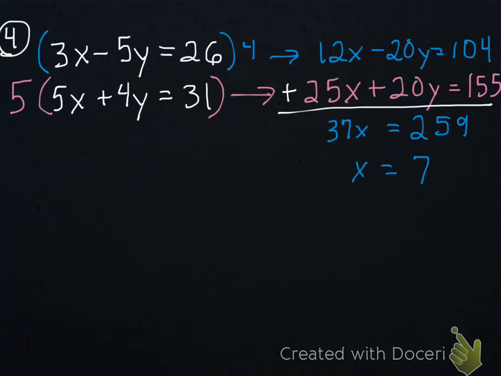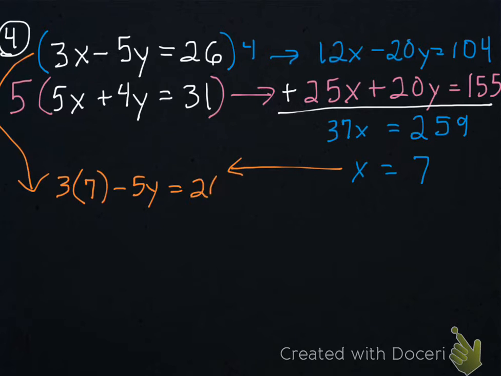Remember to plug it into an original equation. Don't just pick one at random. I'm going to use the top one. Okay, so my top equation, I would have 3 times the 7 minus 5y equals 26. 3 times 7 is 21 minus the 5y equals 26.